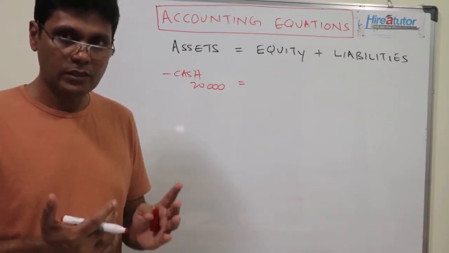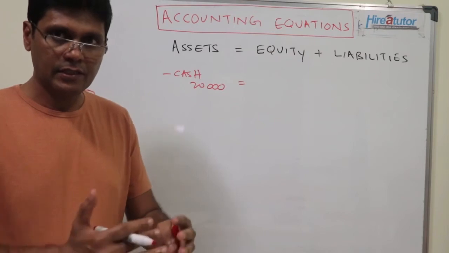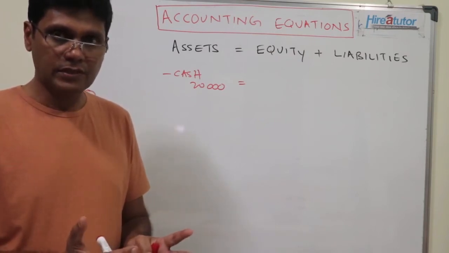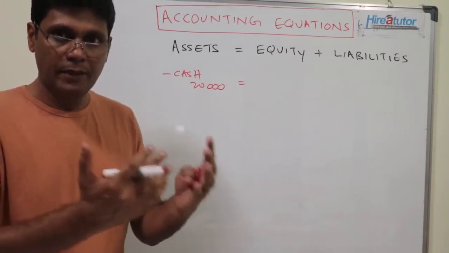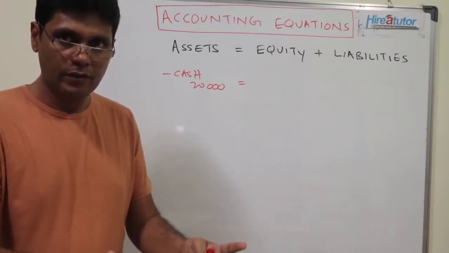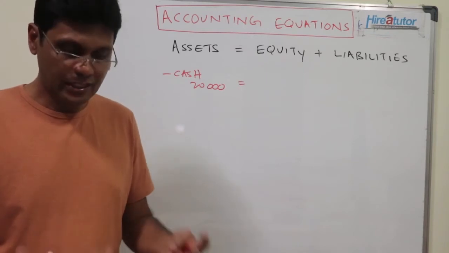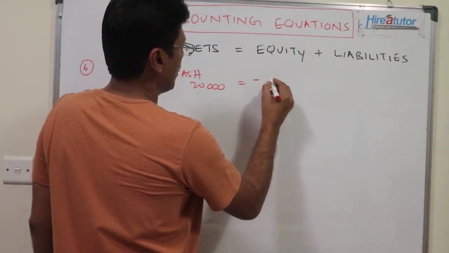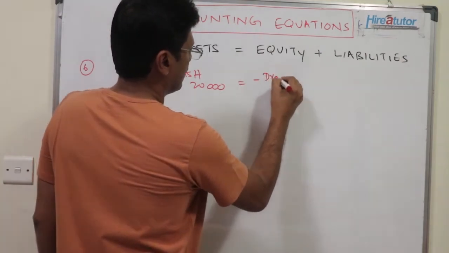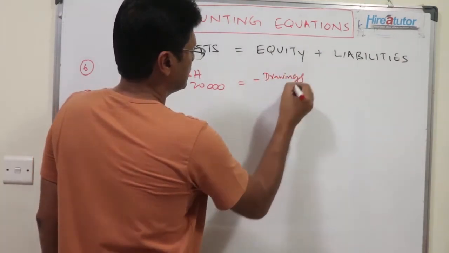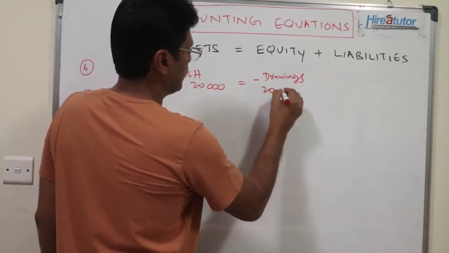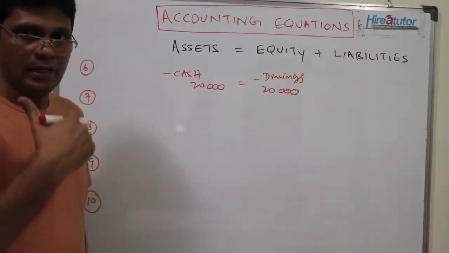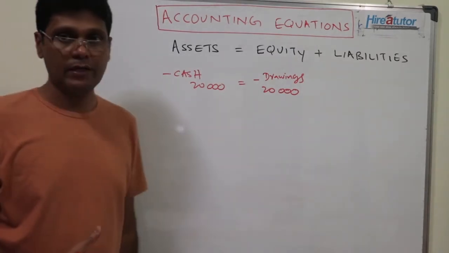Whatever the income earned and the capital invested, all will have to be paid back to the owner. Now here she has taken 20,000, so therefore the equity will reduce by, we call it drawings, cash drawings, by 20,000. The business liability towards the equity owner will reduce by 20,000.